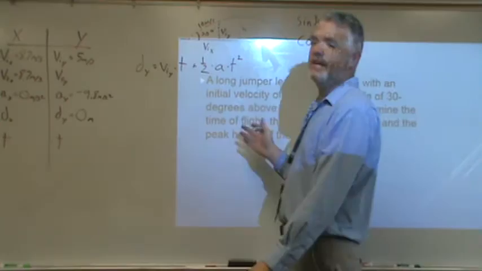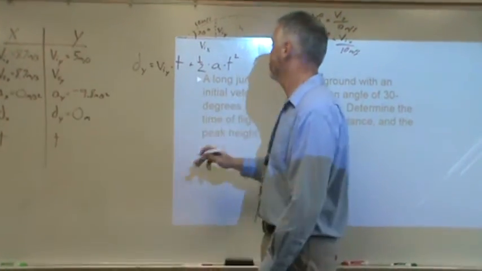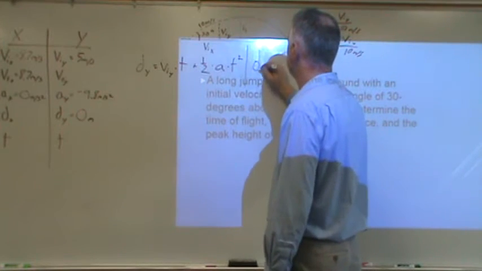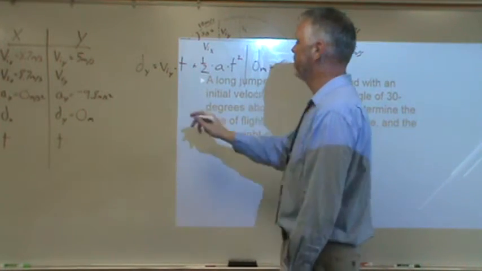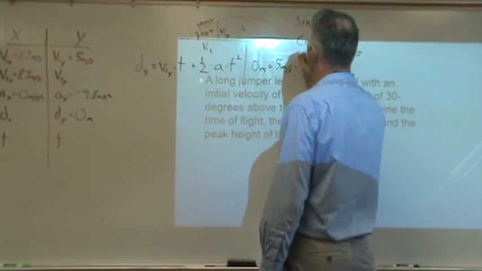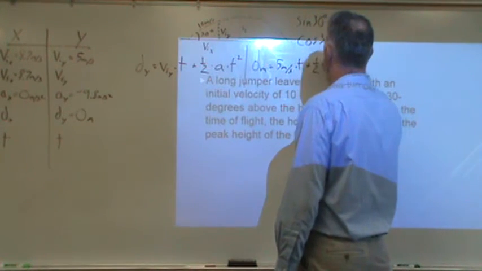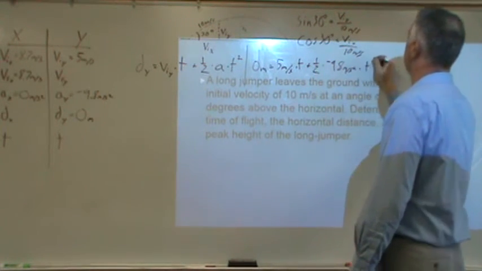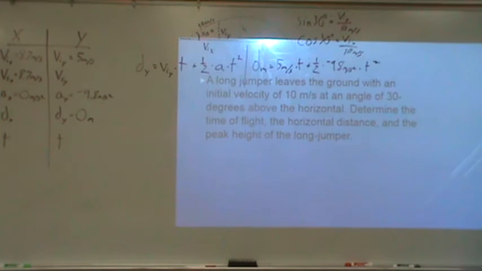So, plugging in variables, first of all: displacement 0, equals my initial velocity 5 meters per second, multiplied by time, plus 1/2 times my acceleration, negative 9.8 meters per second squared, multiplied by time squared. So all that I did was just plug in my variables.